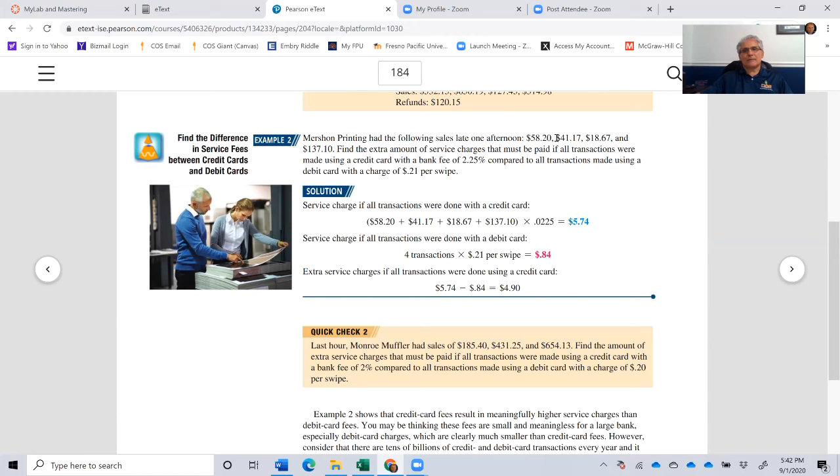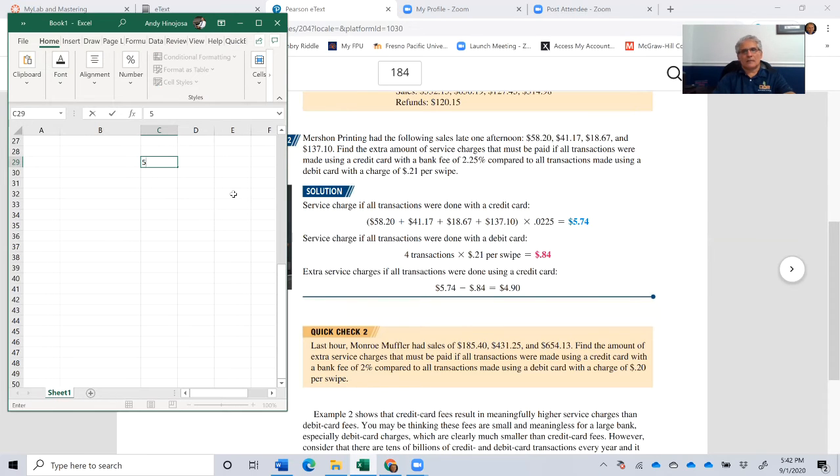So we're going to add 58.20, 41.17, 81.67, and 137.10, just like we did before. Total sales were $255.14.